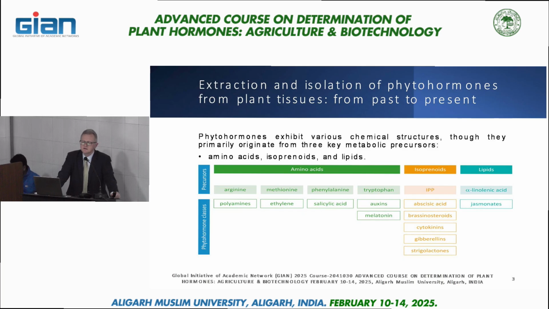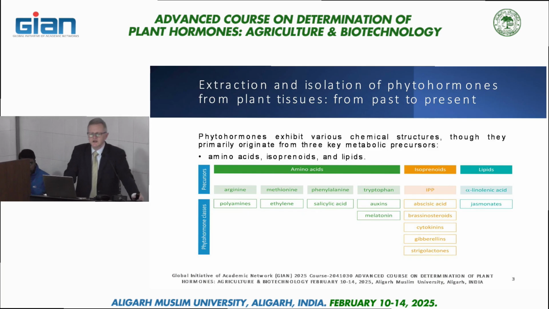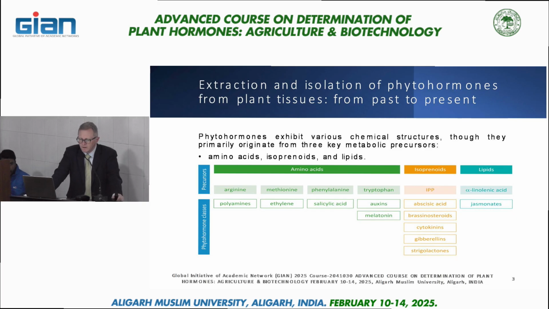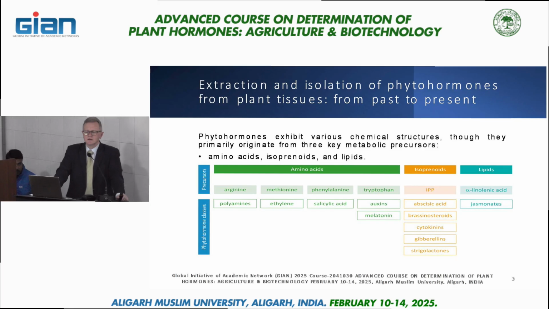This diversity makes their extraction and quantification particularly challenging, as different methods must be tailored to the specific chemical nature of each phytohormone. With this understanding of the biosynthetic origins, we can now explore how specific metabolic pathways contribute to the production of different phytohormones in plants.